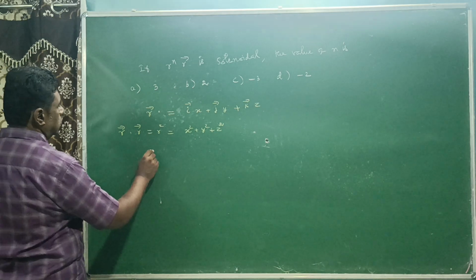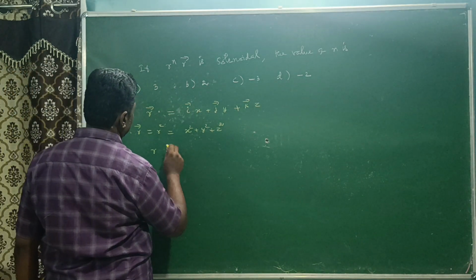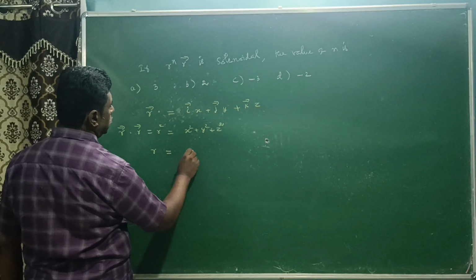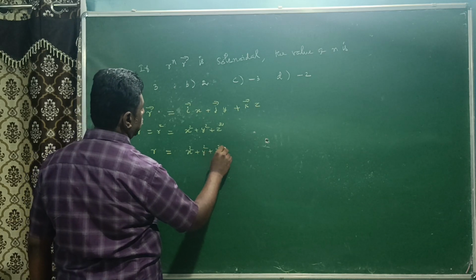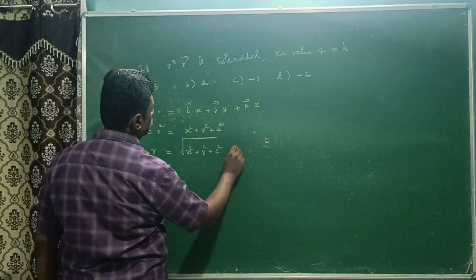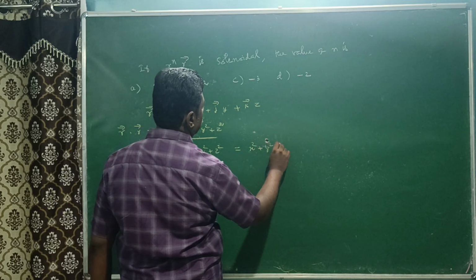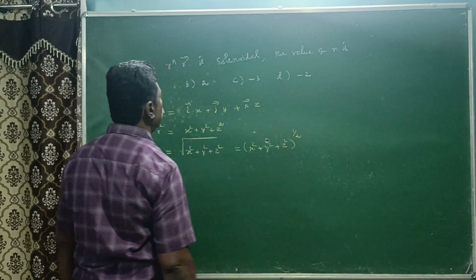Then the scalar r square is x square plus y square plus z square, then r equals the root of x square plus y square plus z square. R you have to write as x square plus y square plus z square power half.